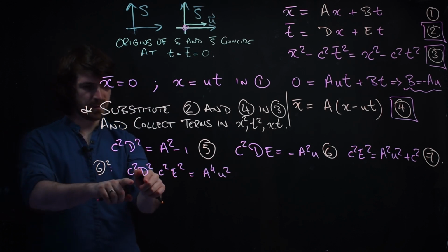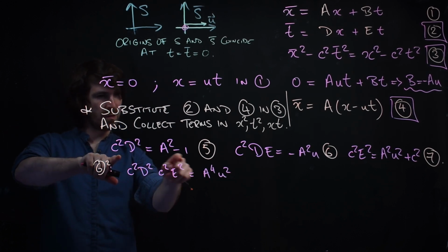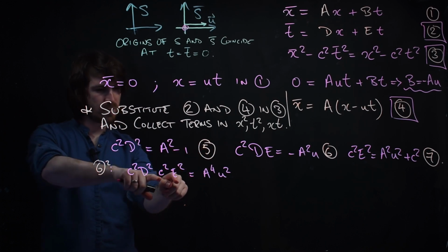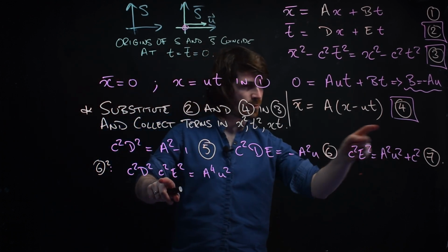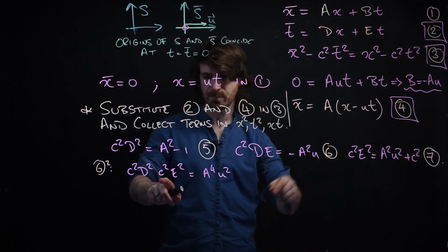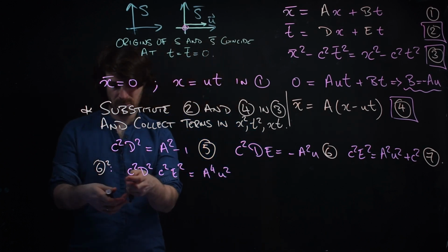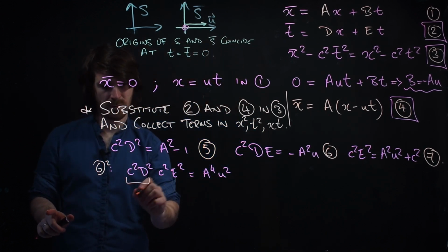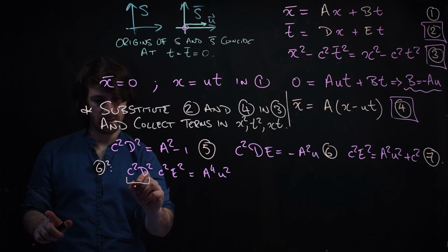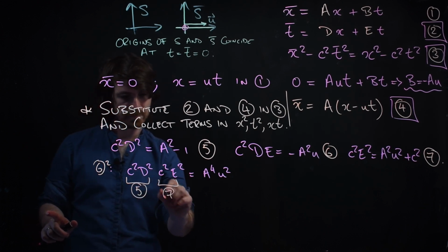Okay, and now you see that c squared d squared is what appears in equation 5, and c squared e squared is what appears in equation 7. So we can substitute 5 in here, and this is 7.